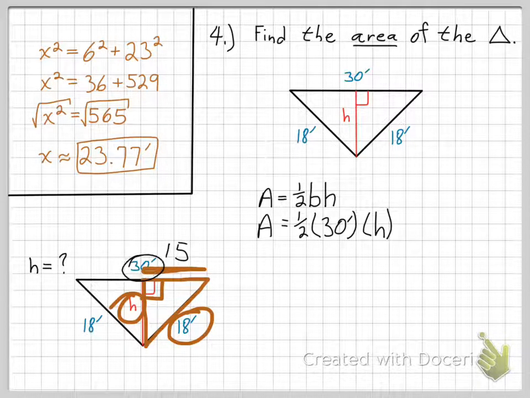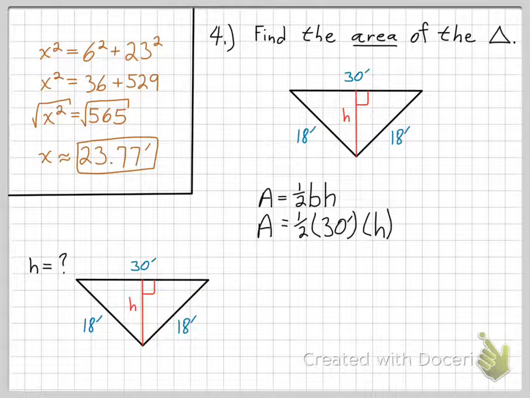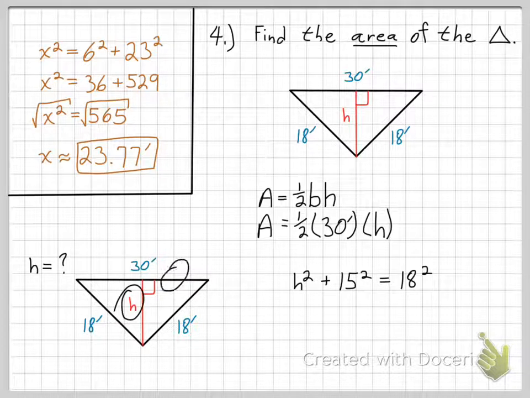Let me erase these marks here. So what I'm basically saying is, to find the height, we're going to use the Pythagorean theorem, which states that h squared plus 15 squared equals 18 squared.